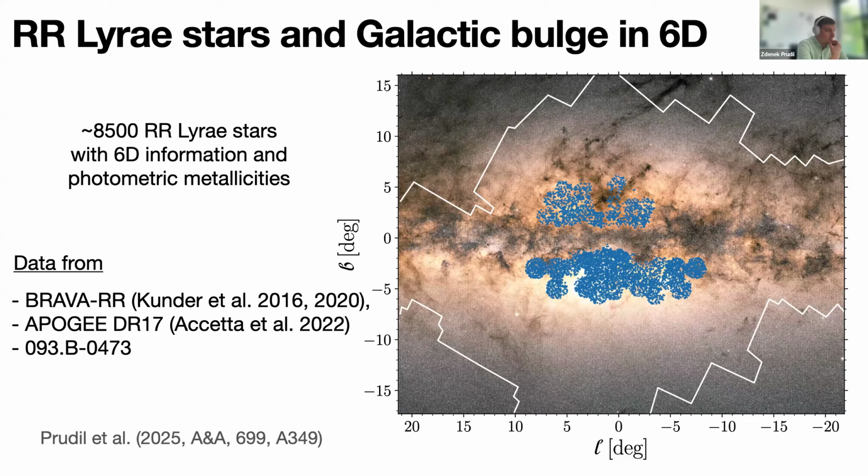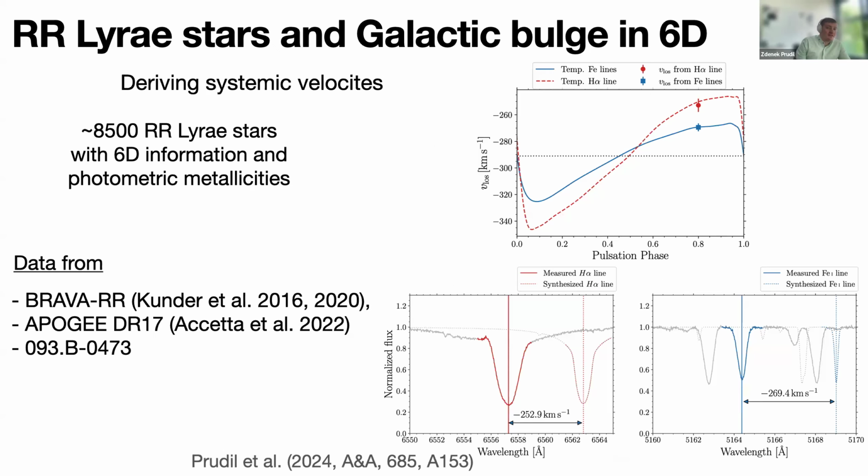And then there is a small survey that was done using the VLT FLAMES GIRAFFE setup at ESO. These spectra allow you to estimate at least line-of-sight velocities of RR Lyrae stars in the galactic bulge. But that's not the information that you actually need. It's one step toward that information.